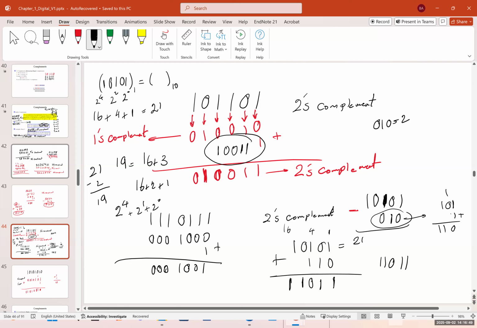Can you find any similarities between this and this? What is the difference between this one and that one? 8.